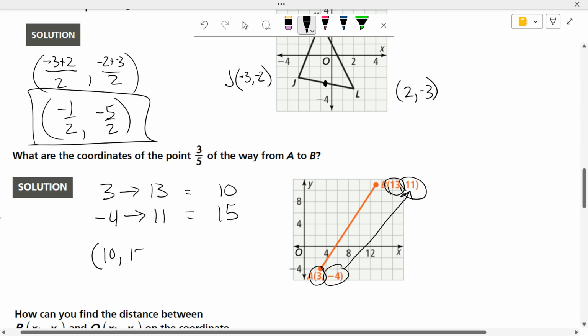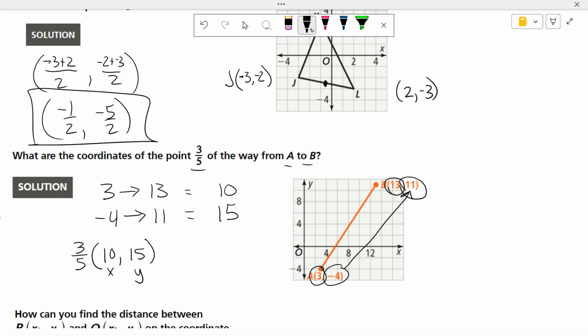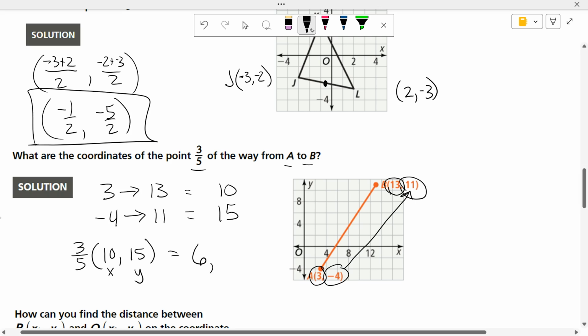So 10 and 15 are our distances for x and our distances for y. If we want to go 3/5 of the way from A to B, we take 3/5 of that. We take 3/5 of that. So we take 3 times 10, which is 30, divided by 5, which is 6. We take 3 times 15, which is 45. 45 divided by 5 is 9. Okay?